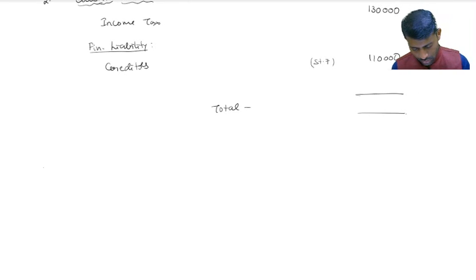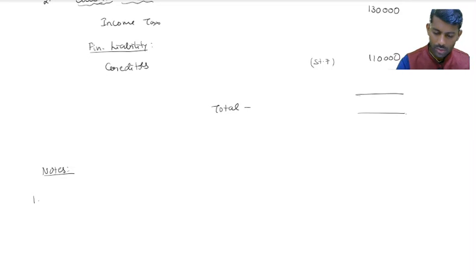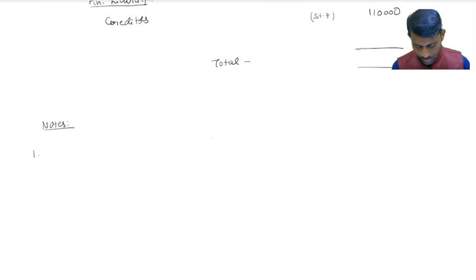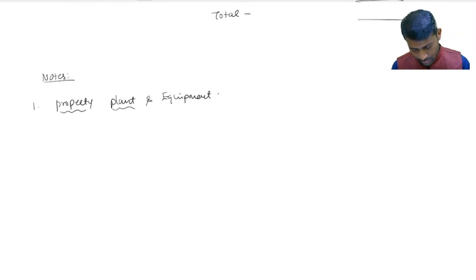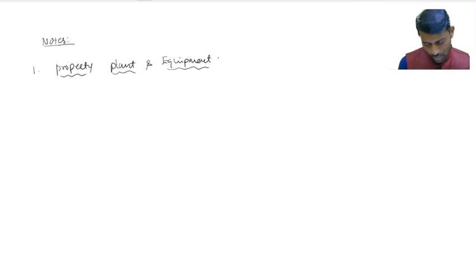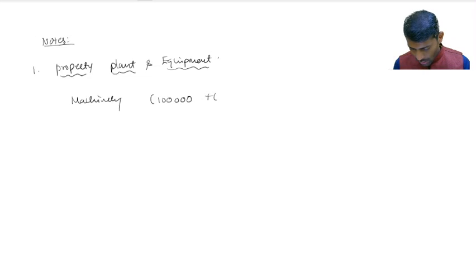Now let's go to the notes. Note 1, property, plant and equipment. Machinery: 1 lakh plus 60,000, total 1,60,000.